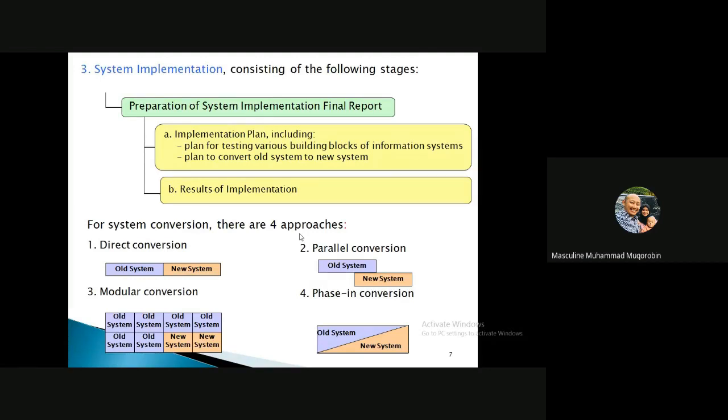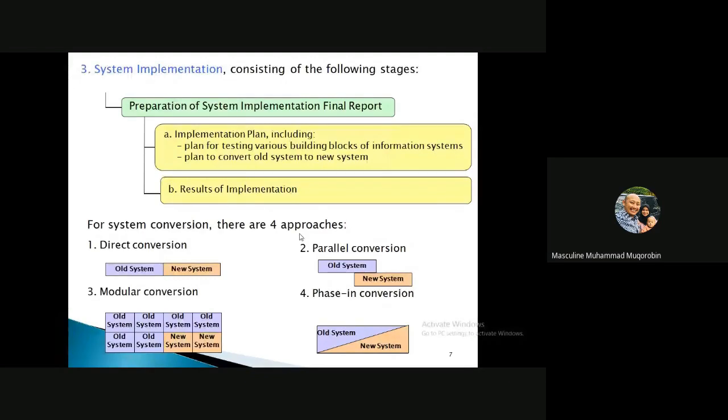Parallel conversion. Parallel conversion refers to running the old system and the new system at the same time in parallel, until the same results can be gained over time. The new system is put into use and the old one is stopped.